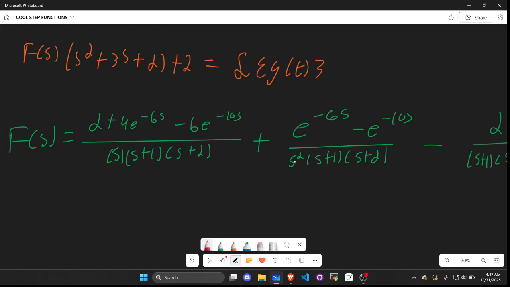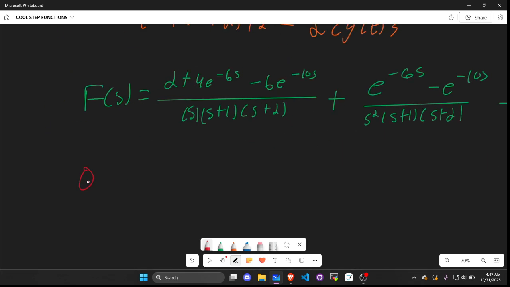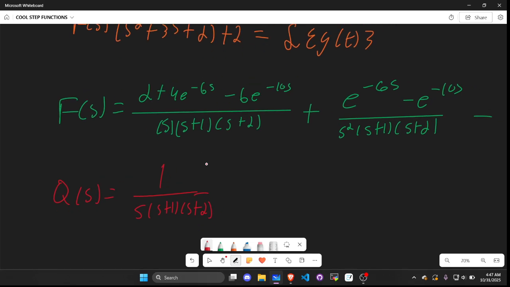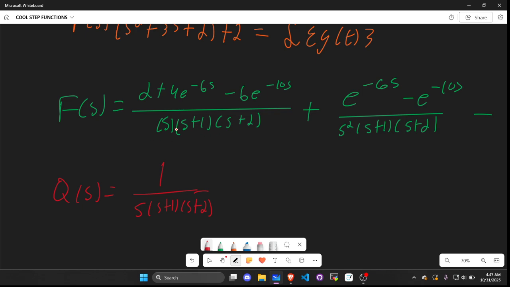Now, speaking of that, we're going to use a very useful trick. We're just going to define q of s to be equal to 1 over s times s plus 1 times s plus 2. And if you look, that's literally this. So if you were to multiply this thing by q of s out here, you would get the same thing.